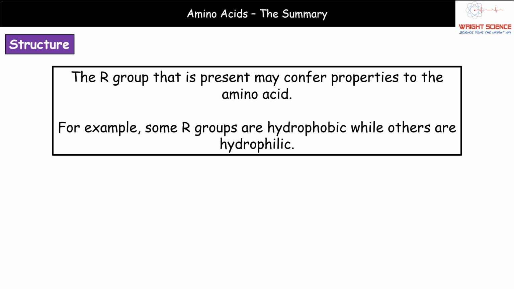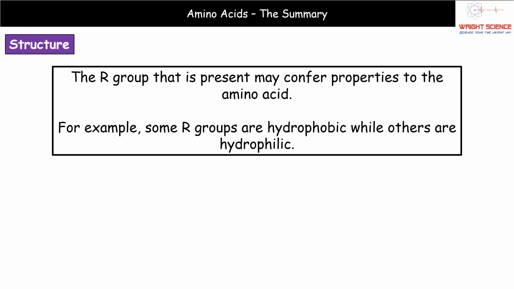Why do we care about this R group so much then? Well, the simple answer is that it's that R group that's going to actually give a whole range of properties to the amino acid itself. So what we'll find is that some of the R groups on those 20 amino acids are going to be hydrophobic. If they're hydrophobic, when it comes to folding up into that final protein structure, then they're going to orientate away from obviously any watery environments.